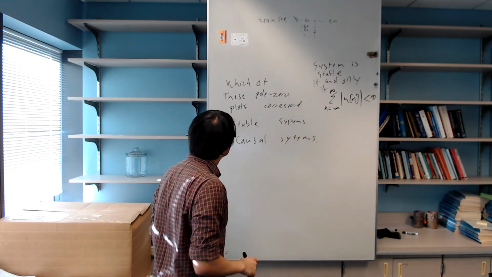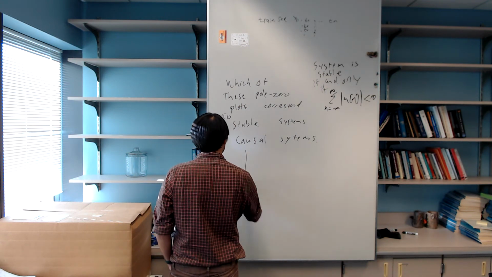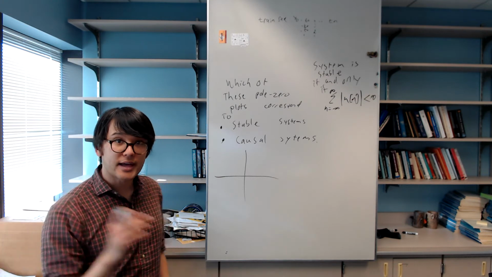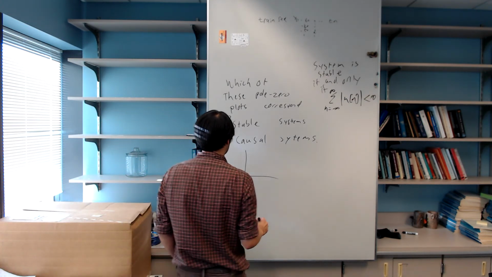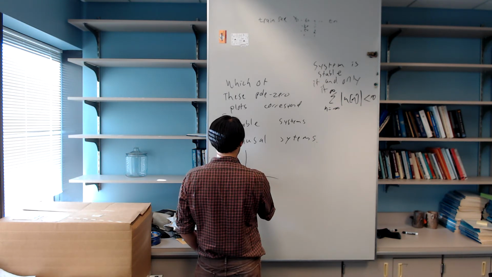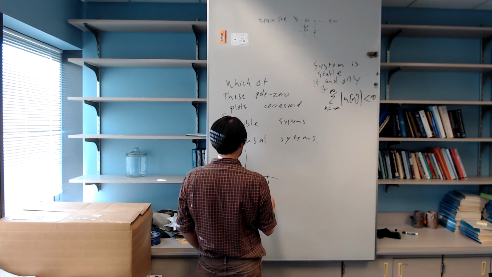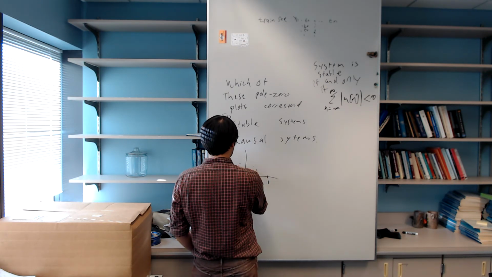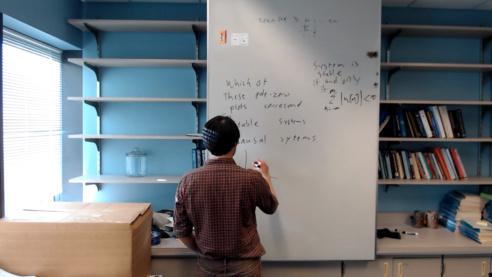I'll just start drawing some pole zero plots and you start working it out. And I'm going to draw the corresponding regions of convergence.